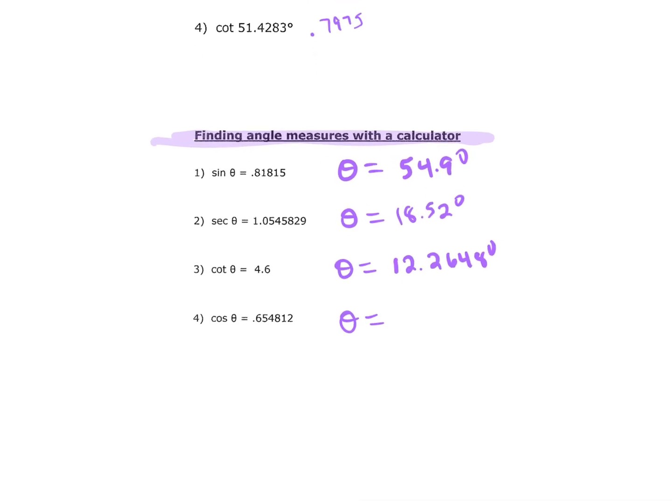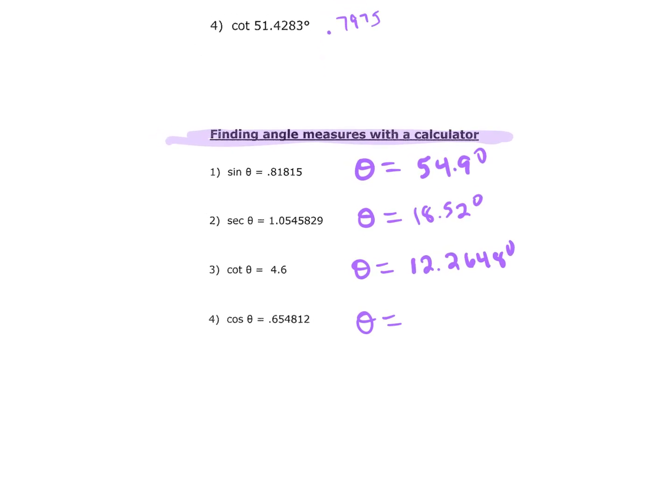And then on the last one, CJ? 49.09 degrees. There you go. Guys, you've got to remember that inverse trig function for angle measures, right? So you're finding the angle measure, so that's what theta is equal to. I think it's helpful to write that theta equals, just to help remind you of that.